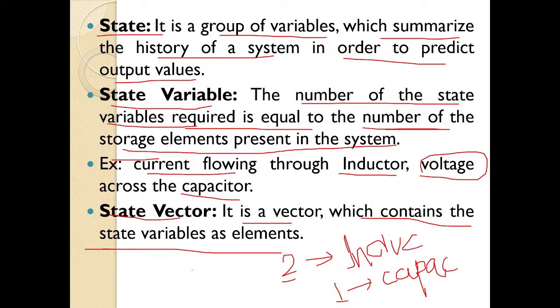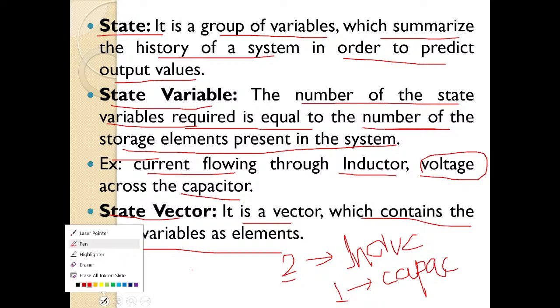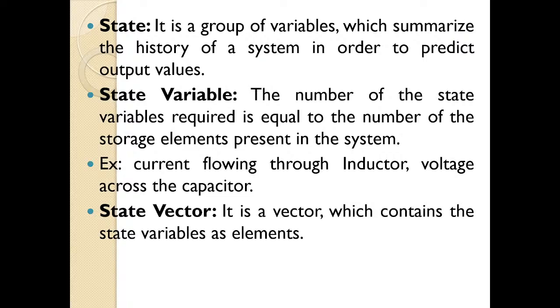I hope you have understood what is meant by state variables. State variables are the currents or voltages in the given circuit because of the storage elements, and if any vector contains these state variables as elements, then that vector is known as the state vector.